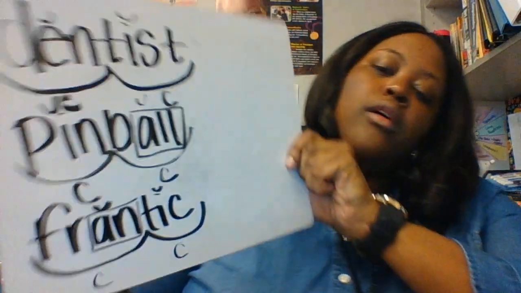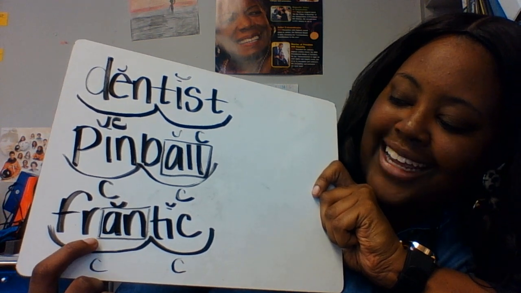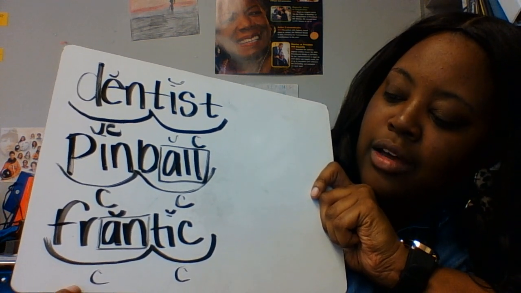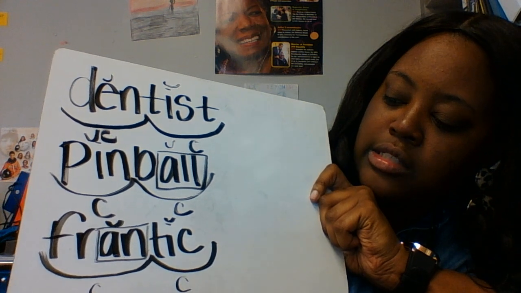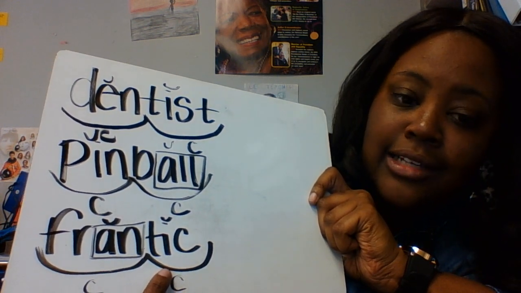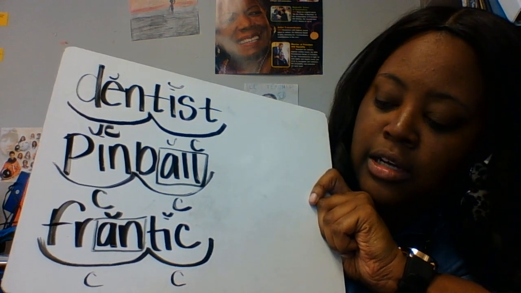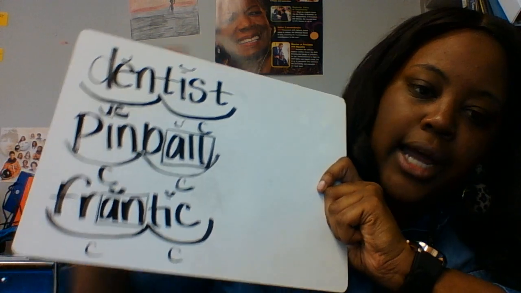So, that A is closed in with that N. It's making a short sound, and then it is a closed syllable type because of that. Same thing with the I. This I in tick is closed in with the C. It's making the short I sound, and it is a closed syllable type.